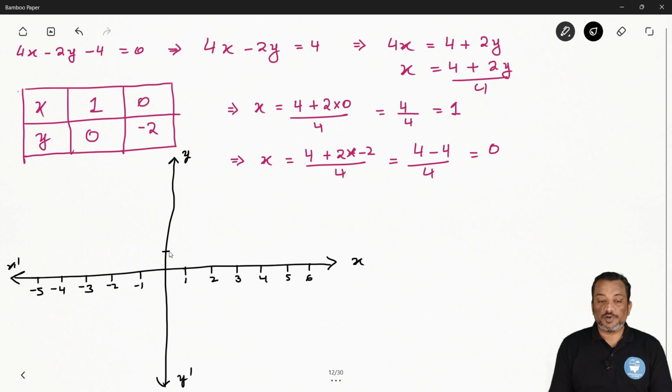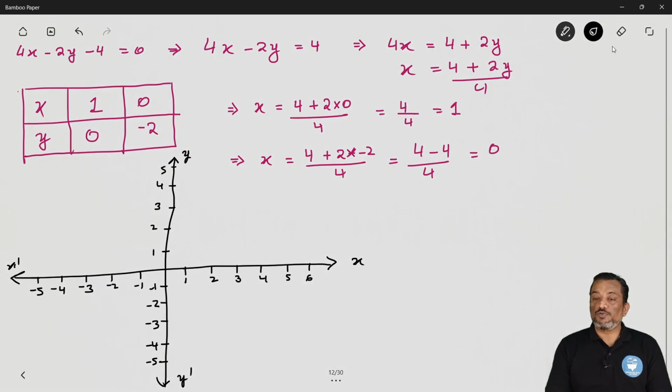And on this side you have the upper y-axis 1, 2, 3, 4, 5. Now below is -y, -1, -2, -3, -4, and -5.